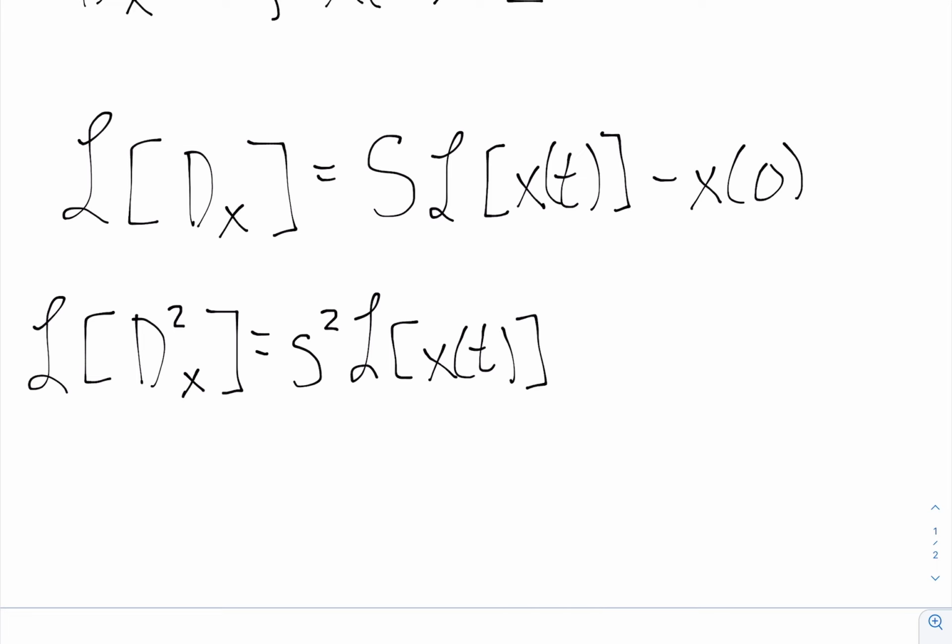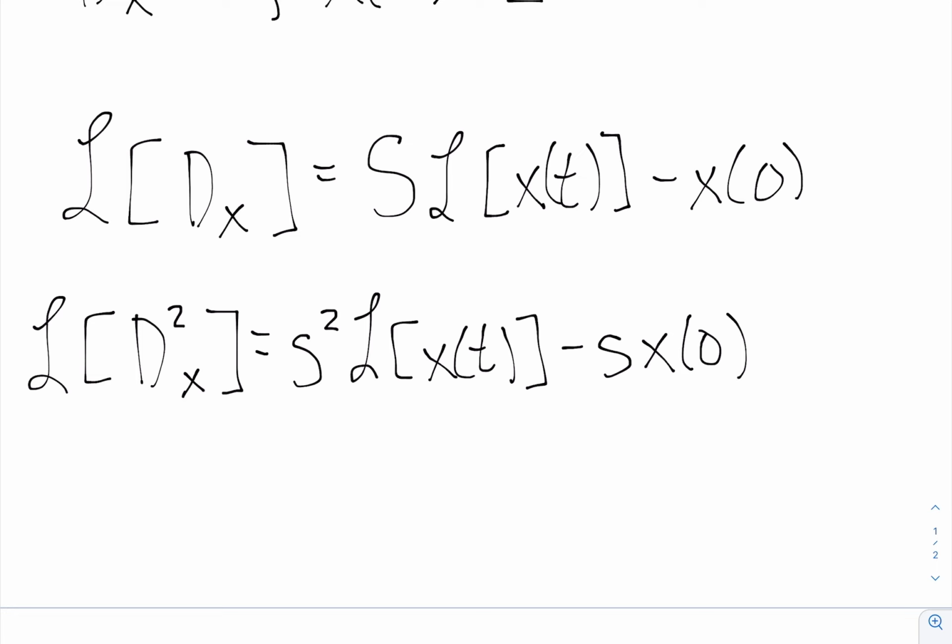The only difference now is that there's another s multiplying, and it's going to follow a pattern. Then we minus s times x of 0. So what we have so far is the variable s squared times the Laplace transform of x of t, minus s times the initial condition.